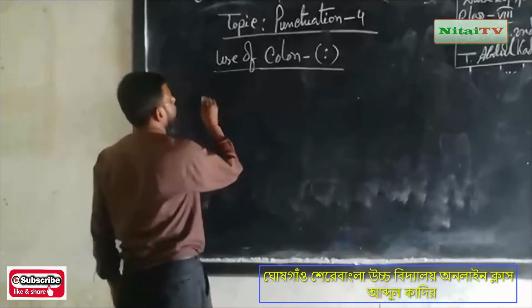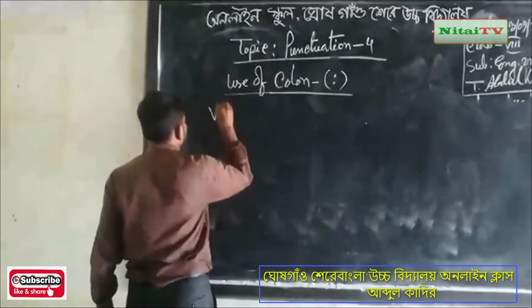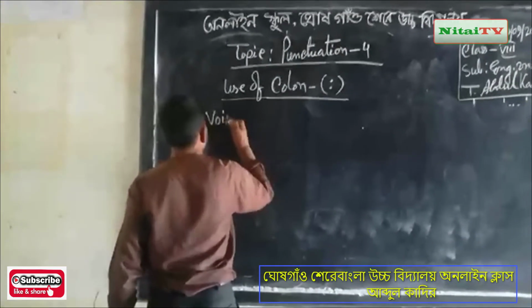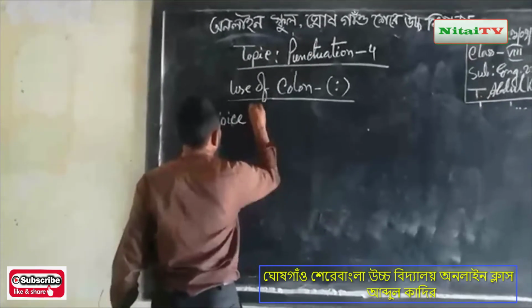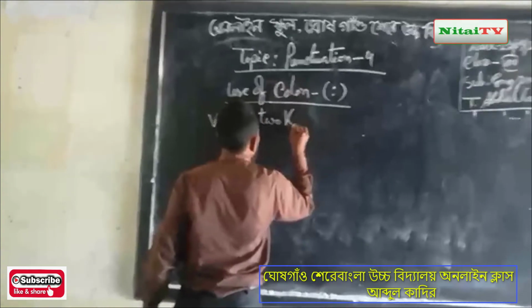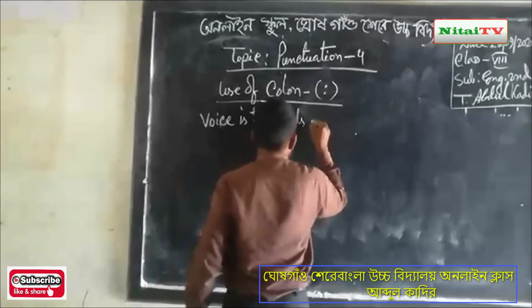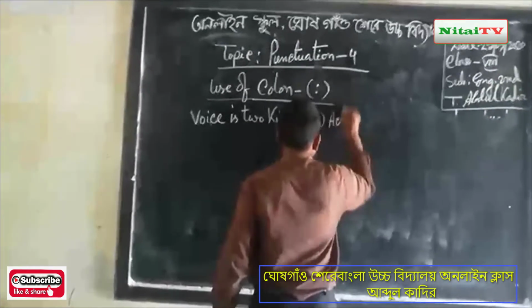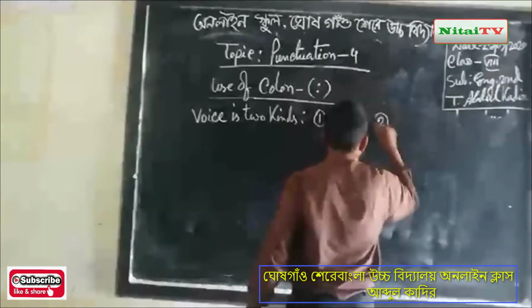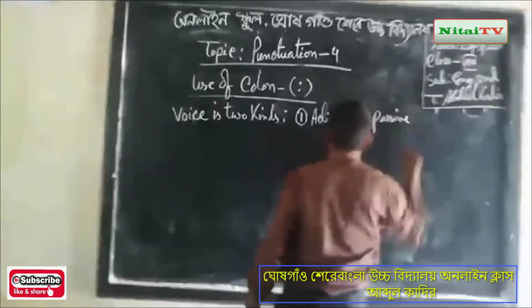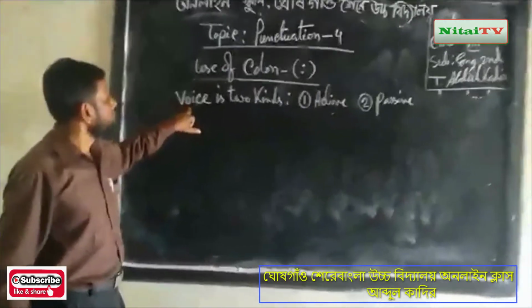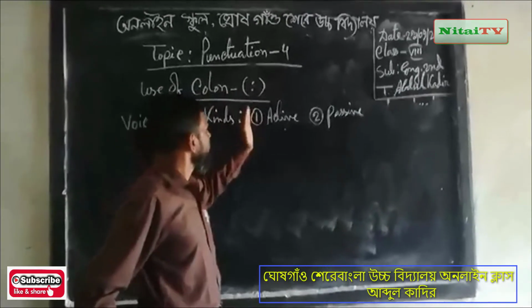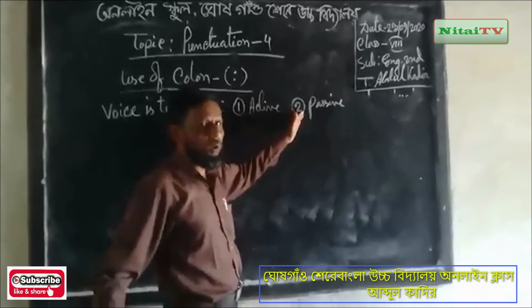Follow the sentence. Boys are of two kinds: number one active, number two passive.